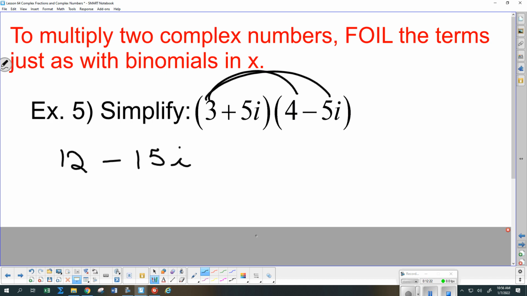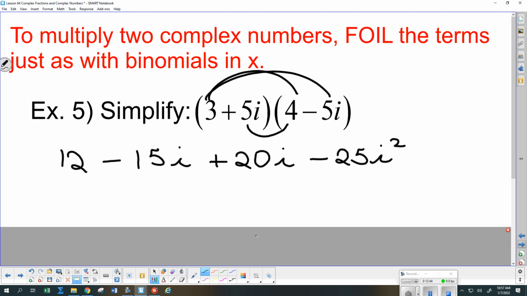And that was O's. Insides, 5i times 4, plus times plus is plus 20 times i. And then positive times negative is negative 5 times 5 is 25. i times i is i squared. Are we good with that's what we'd be doing if it was an x?